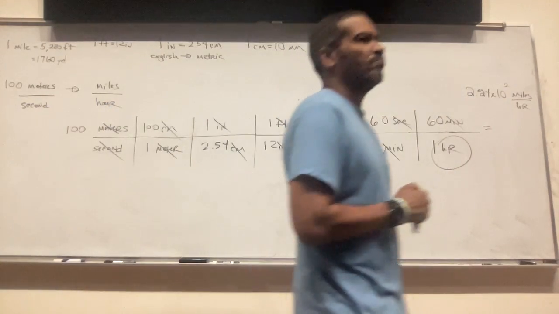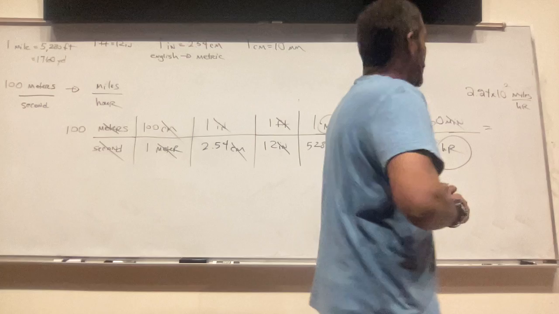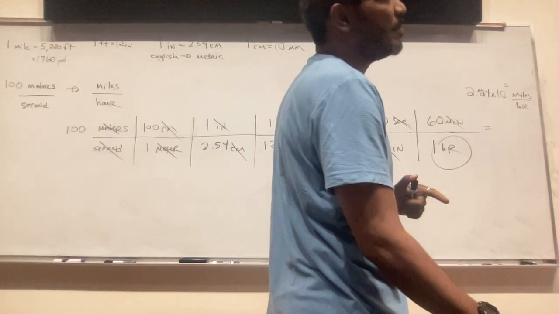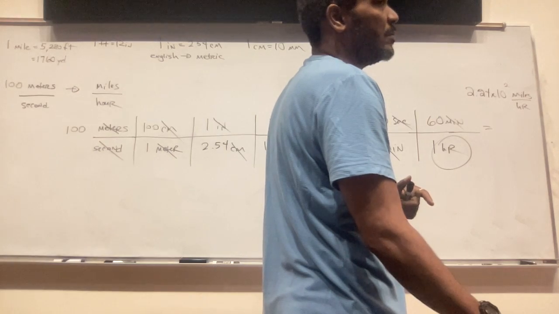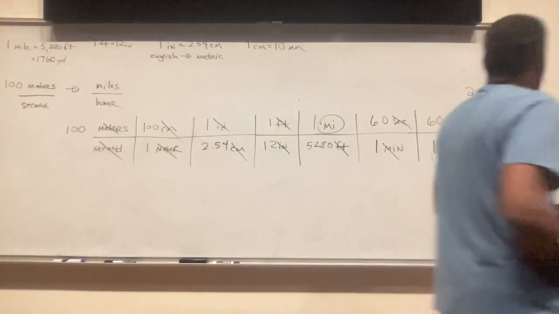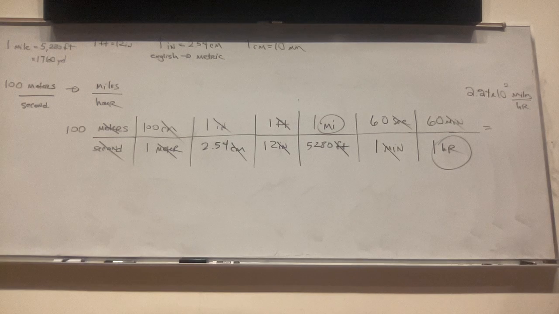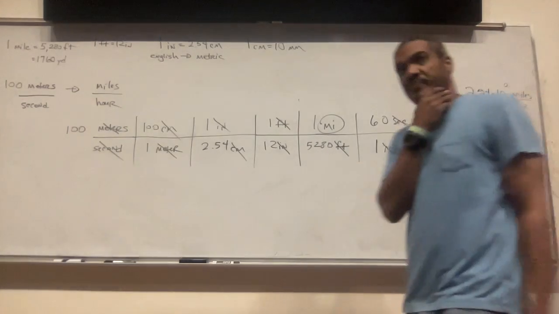I just got 2.24, but it says times 10 to the 0. Well, somebody's not right. Let me recalculate again, just in case.